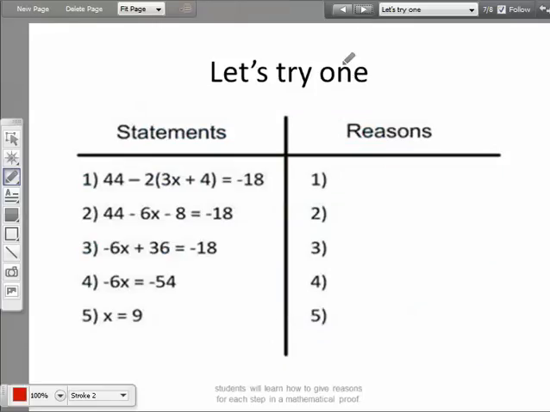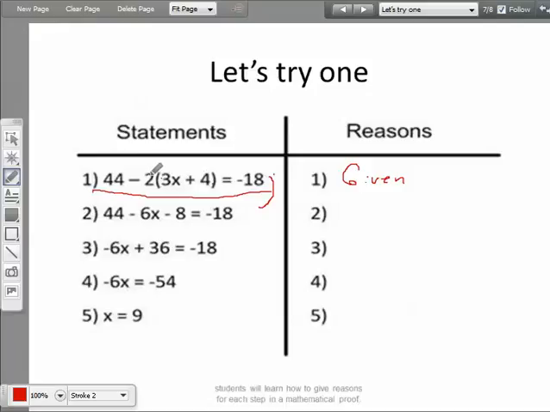Okay? So let's try one. Here, I've got this statement right here. Where did it come from? It had to be given. That's the only reason that that one would be there. Okay? So let's look at it. What changed from here to here? Well, the parentheses disappeared.